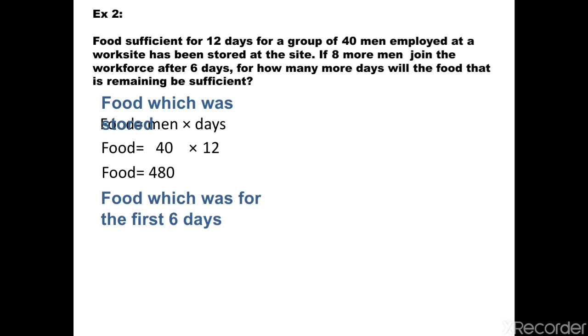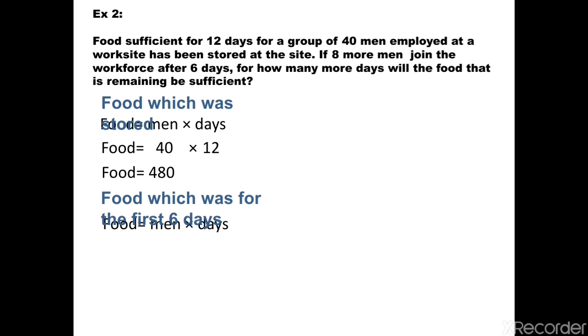After that we have to find out the food which was used for the first 6 days, because after 6 days another 8 men joined. So before that, we have to find the food for the first 6 days using the same equation.